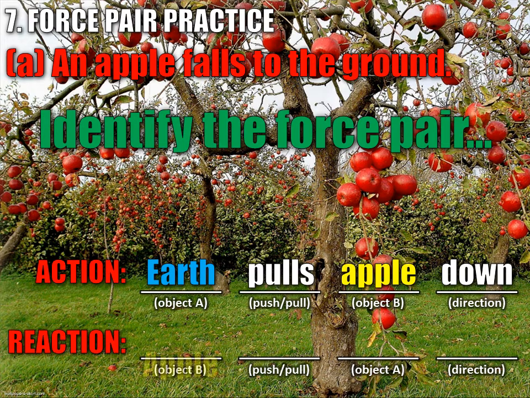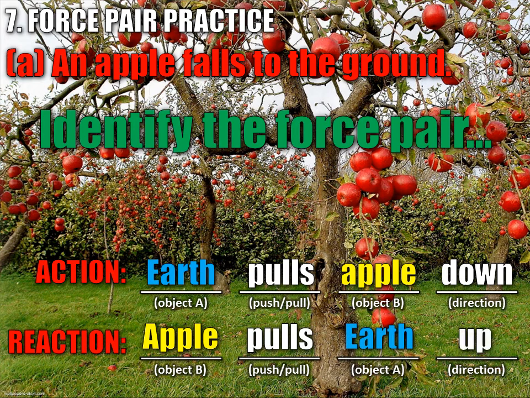Believe it or not, the reaction is that the apple pulls the earth up. This is a direct result of Newton's third law: when an apple falls to the ground, the earth pulls the apple and the apple pulls the earth.